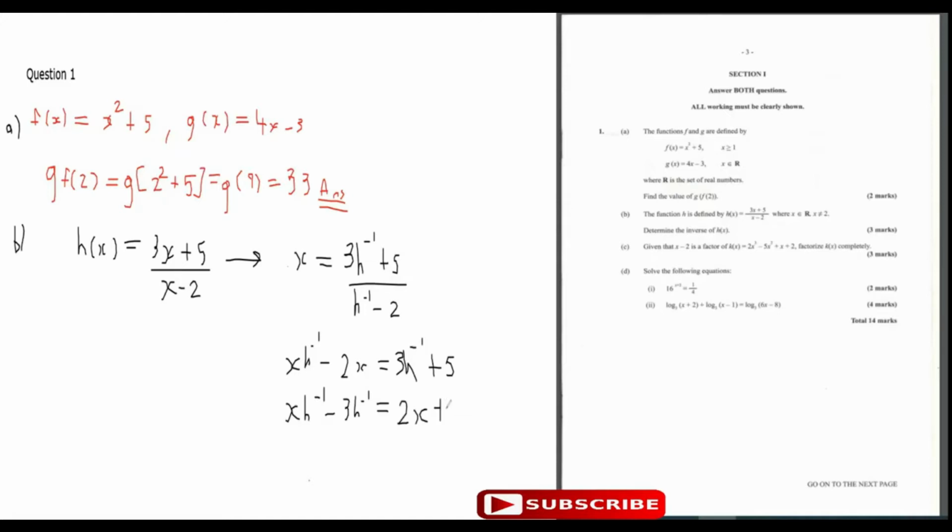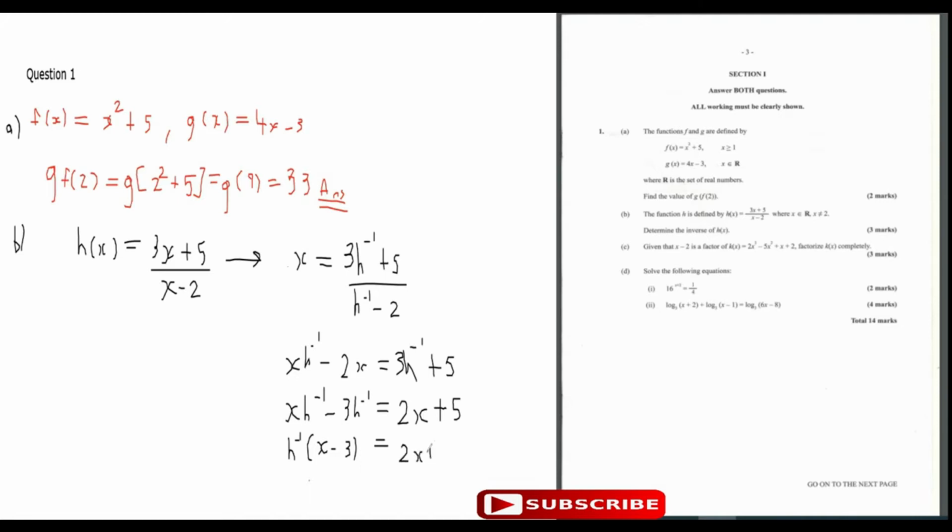Nice and easy. All you need to do then is factor out h inverse. Factoring out h inverse, we get h inverse times x minus 3, and that's equal to 2x plus 5.